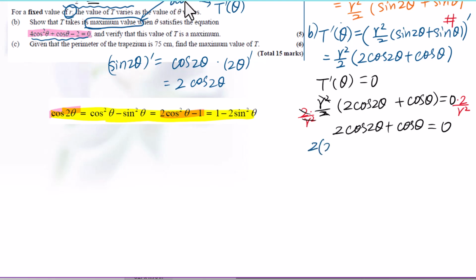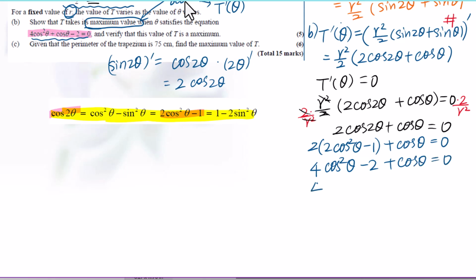So 2 times (2 cosine squared theta minus 1) plus cosine theta equals 0. Simplify: 4 cosine squared theta minus 2 plus cosine theta equals 0. Change the order of the terms: 4 cosine squared theta plus cosine theta minus 2 equals 0.